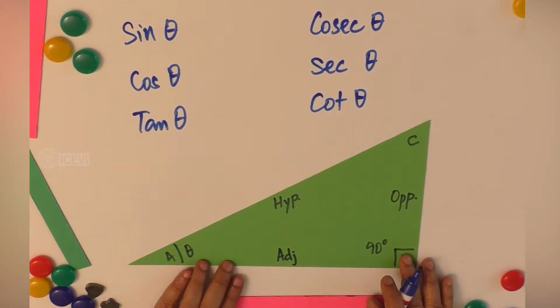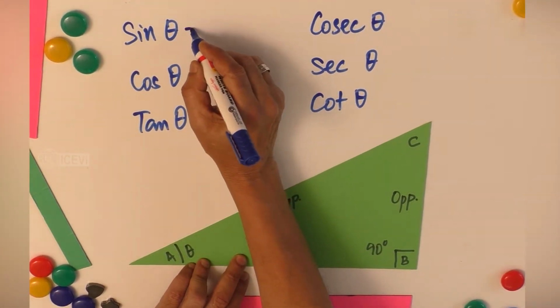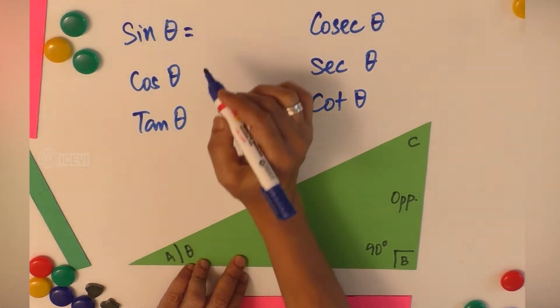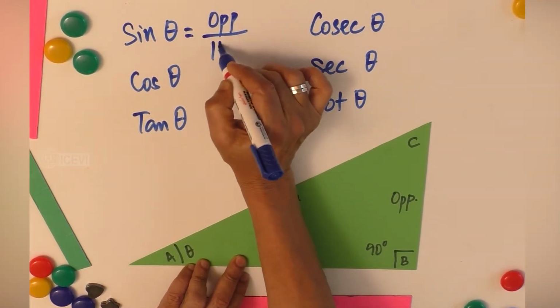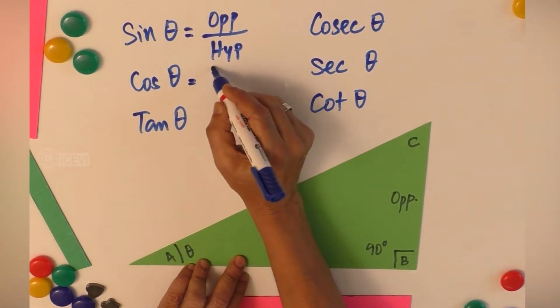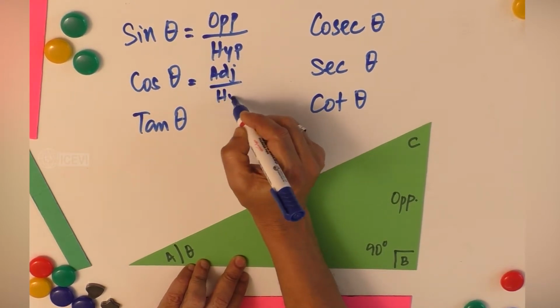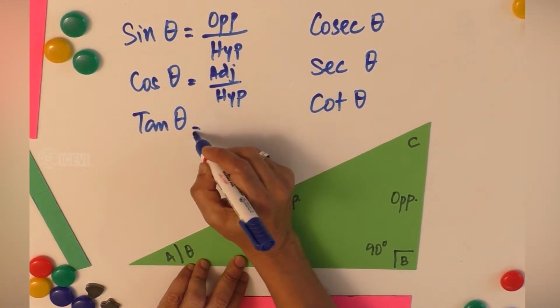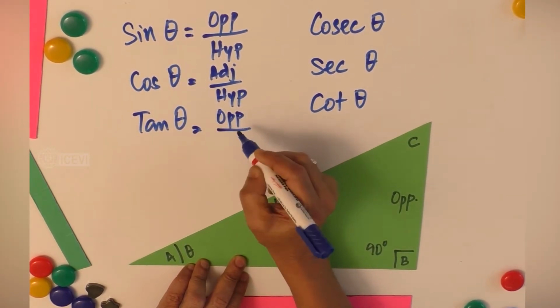Now, in the case of sin theta, cos theta and tan theta, we found that sin theta is opposite by hypotenuse, cos theta is adjacent by hypotenuse, and tan theta is opposite by adjacent.